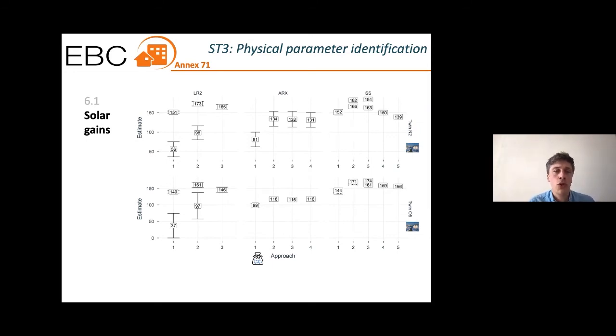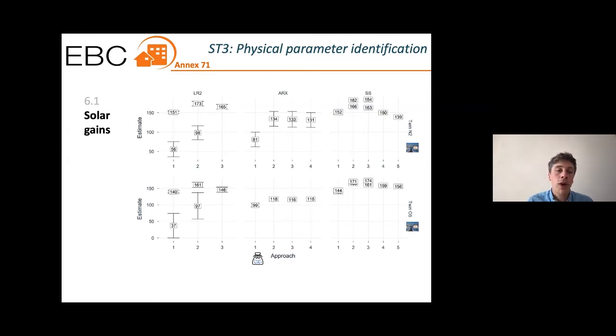The different columns show you the different analysis methods. On the left you have linear regression method 2. In the middle you have ARX modeling, so dynamic black box modeling, and on the right you have state space modeling. So it's the gray box modeling, taking into account the physically relevant parameters.